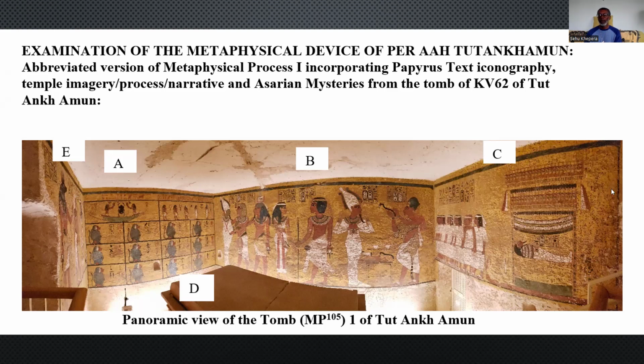So on the east, you have papyrus type. You also see these in the tombs of nobles as well, this kind of setup. And then you have Amduat on the west wall, and the south wall, you have temple style text.